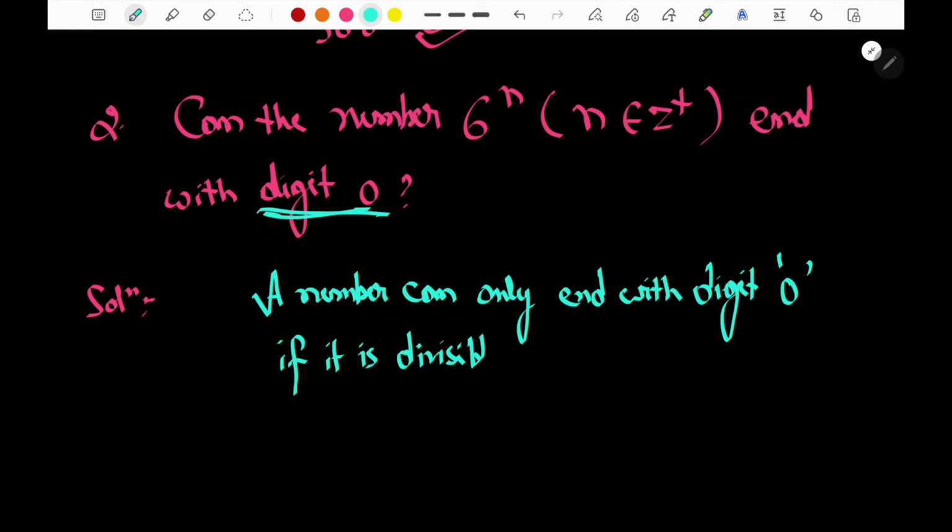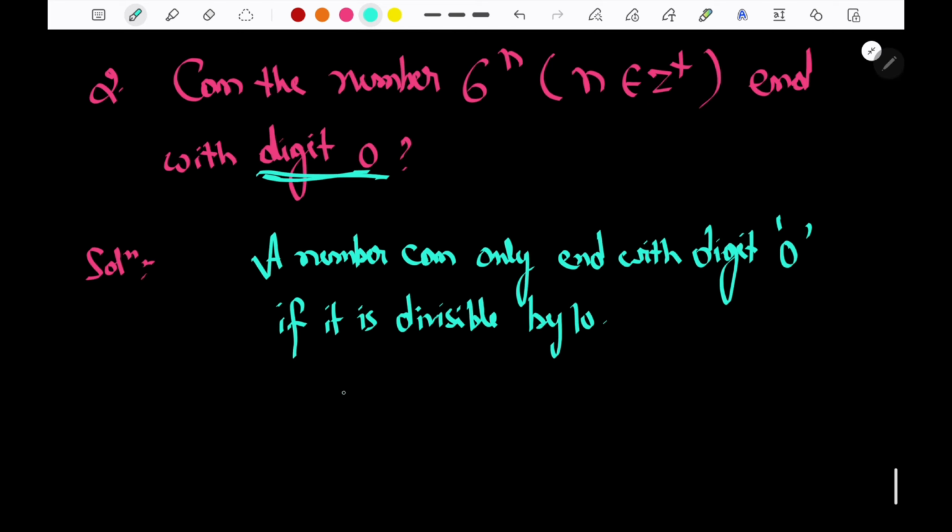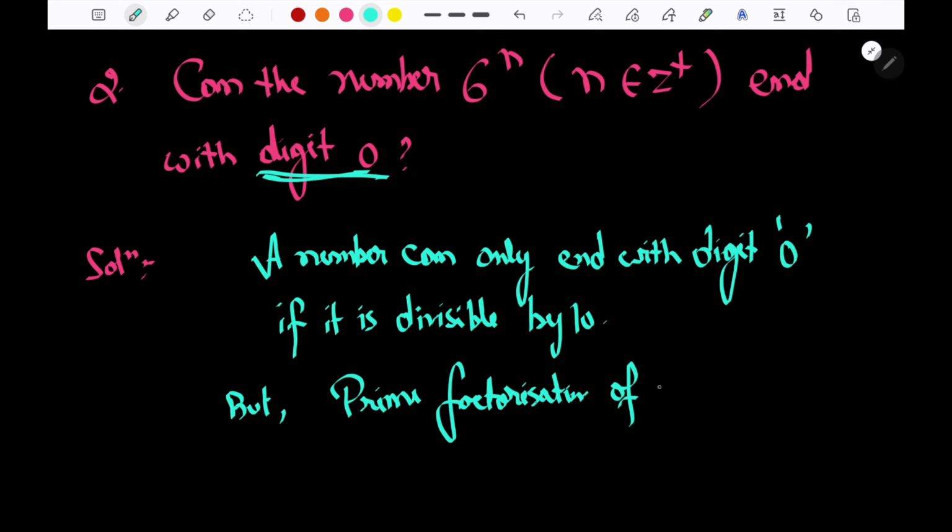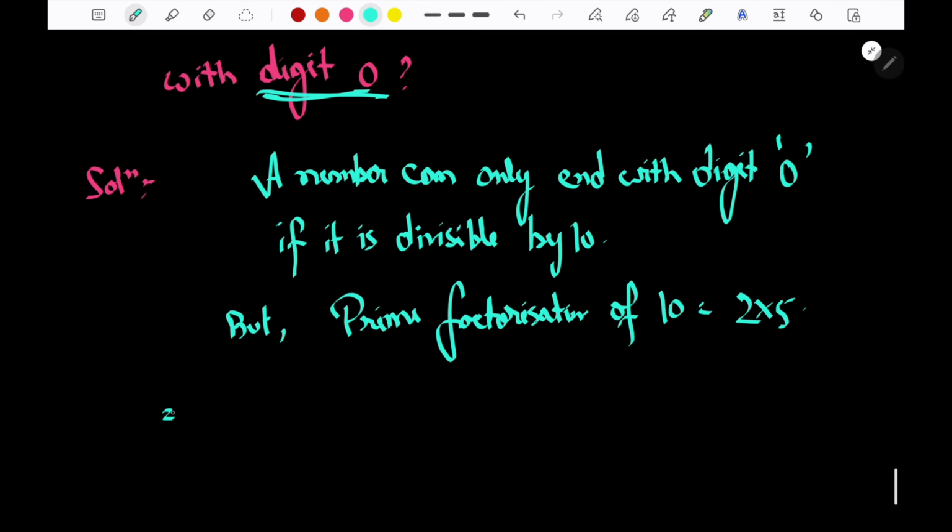True or false? True. Now, but prime factorization of 10 has 2 into 5. So prime factorization of 10 is equal to 2 into 5. Now let's see about 6 to the power n. So 6 to the power n is 2 into 3 to the power n, which is 2 to the power n, 3 to the power n.